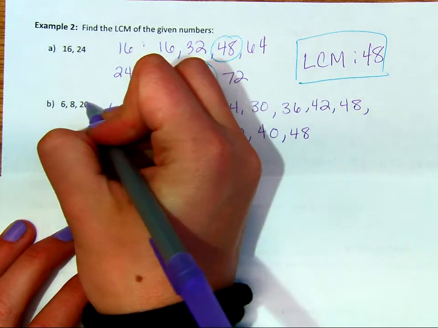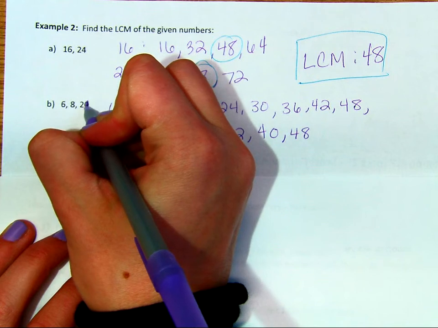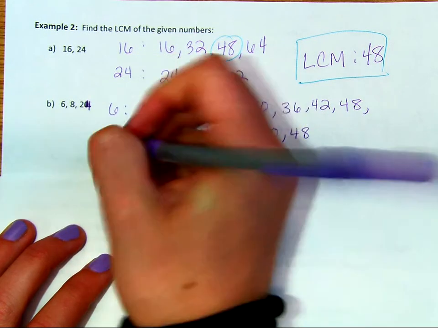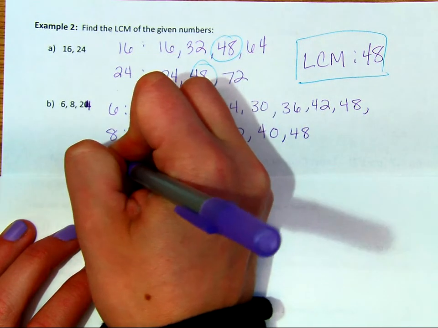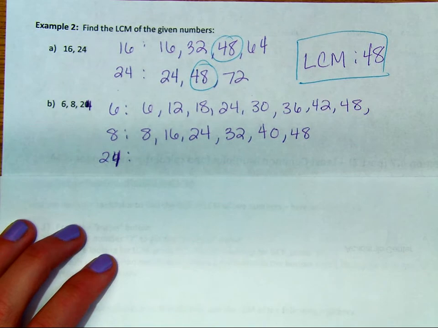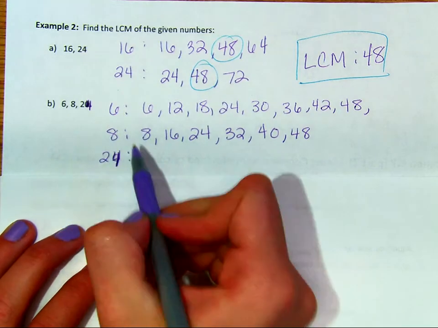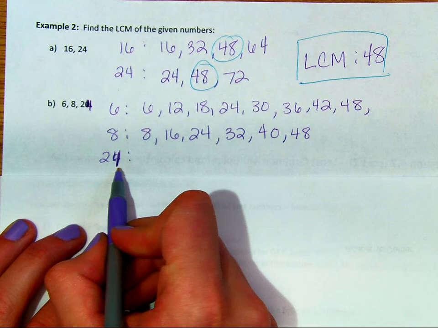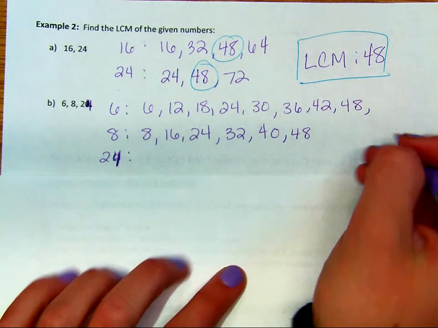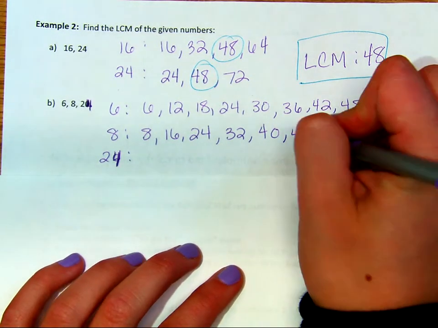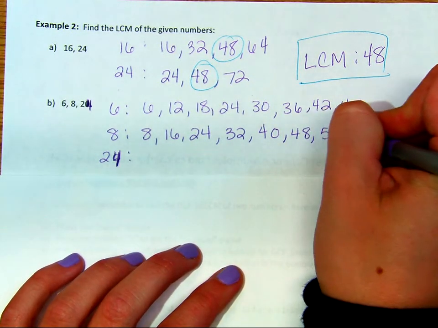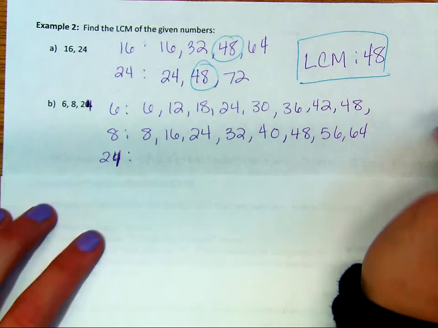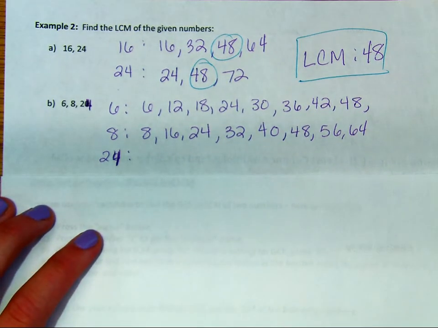Actually, on your sheet, go ahead and change this to a 24. That's actually what it should have been. Sorry about that. Okay, so many mistakes in this video. All right, let's keep going with the 8s. 56, 64. Okay, I'm going to stop there for now. Let's see if I get any overlap.